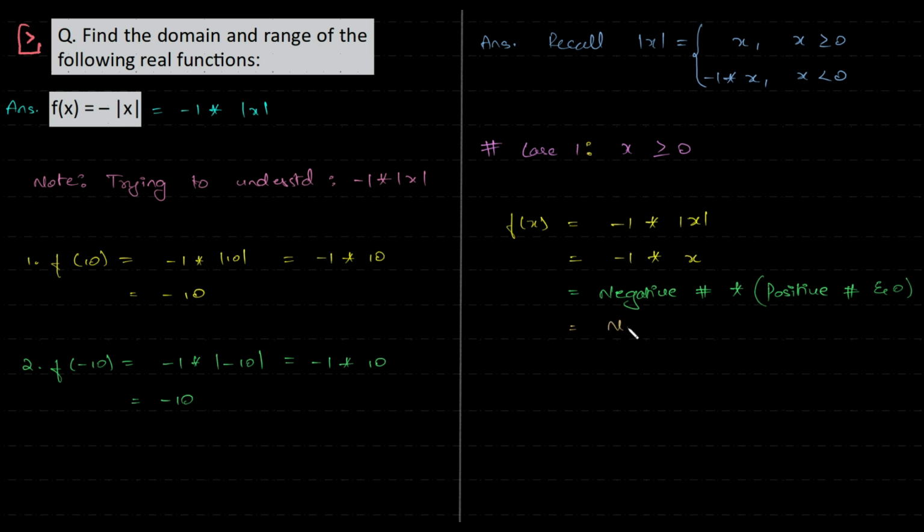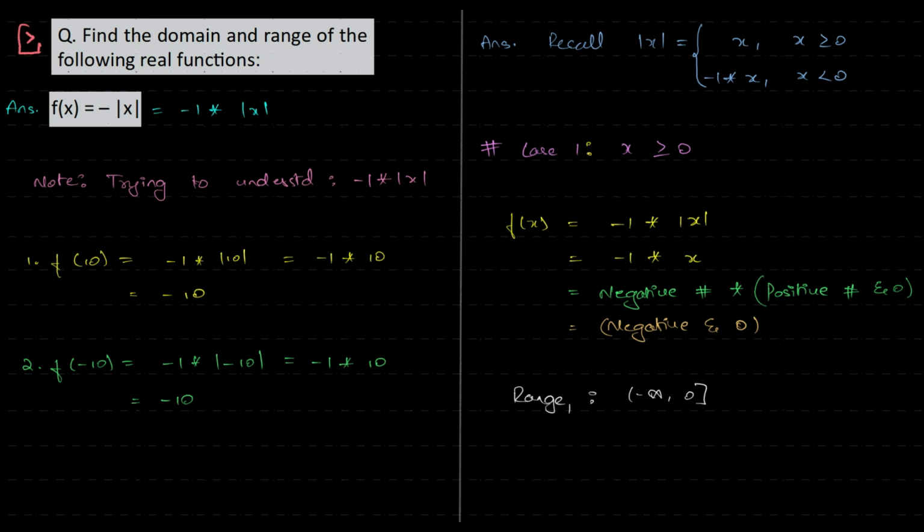Yes, a negative number itself. And since we are multiplying with 0, we end up with 0. Right, guys? So from this, what can you tell the range to be? Range for the first condition is minus infinity till 0, including 0. Agree?